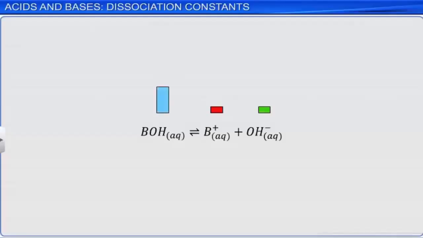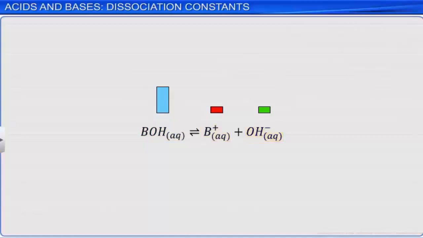The ionization constant of weak bases can also be expressed in a manner similar to that for weak acids. Consider the ionization of a weak base BOH in water. The equilibrium for this dissociation can be expressed as BOH aqueous in equilibrium with B plus aqueous and OH minus aqueous.